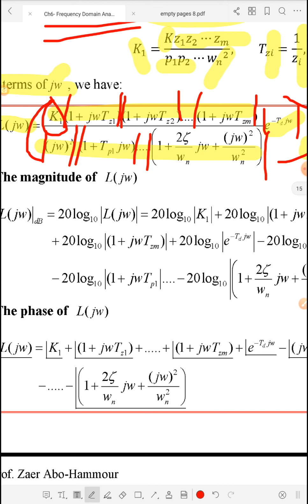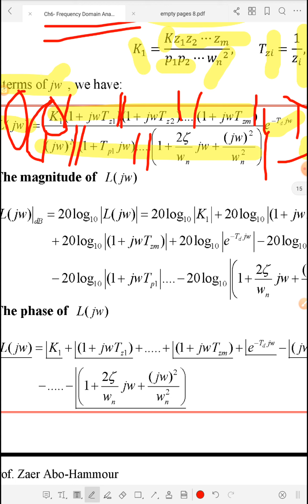So in this case, it's multiplicative. If we add any term to this loop transfer function, we cannot use the previous values or the previous graph of L of j omega. We cannot utilize it. So we want to convert this multiplication and division process into addition and subtraction.